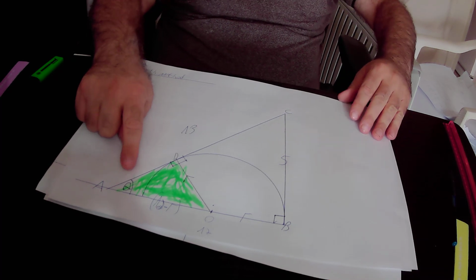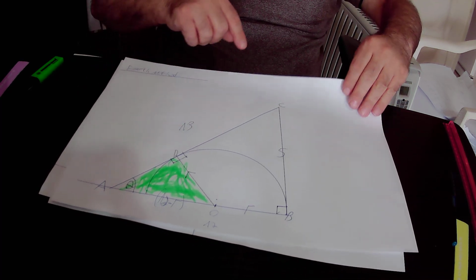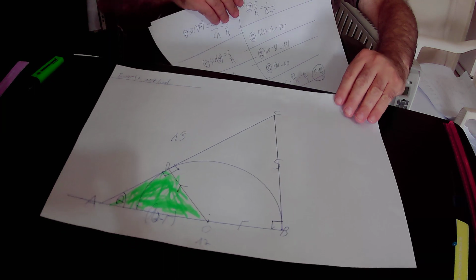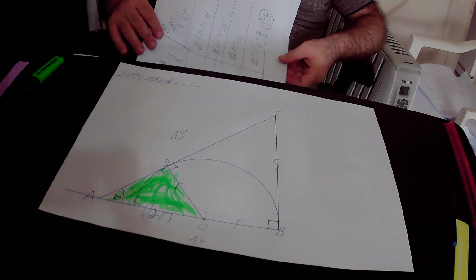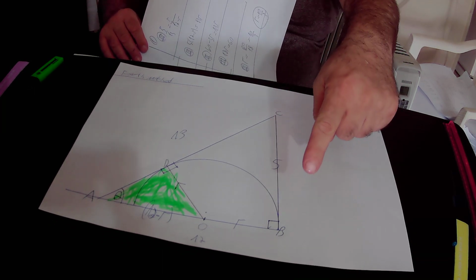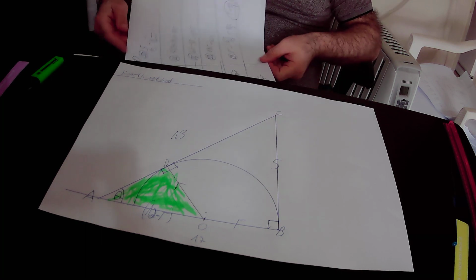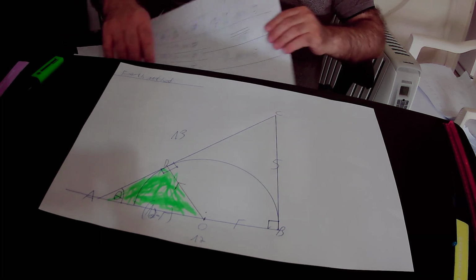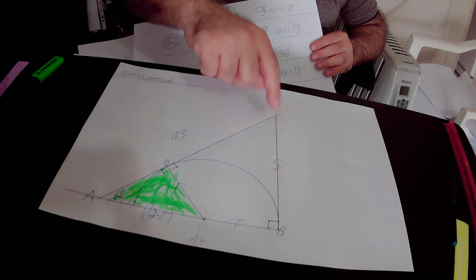We focused on the right triangle ABC. In the right triangle ABC, sine theta equals CB over CA. You can see here, in the right triangle ABC, sine theta equals CB over CA.